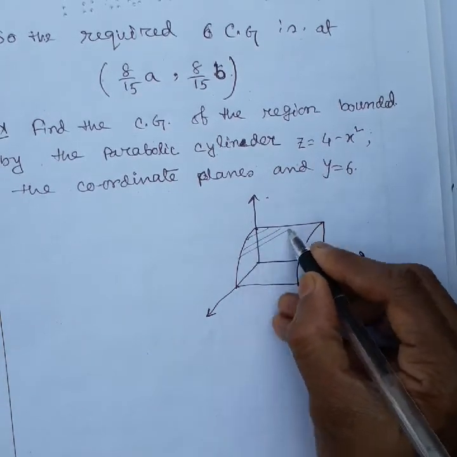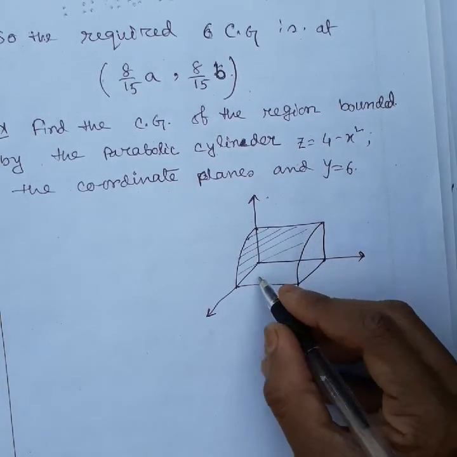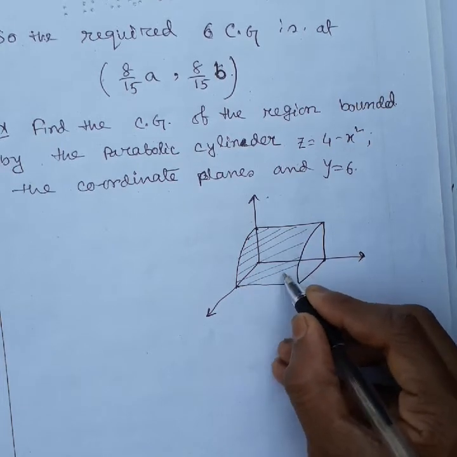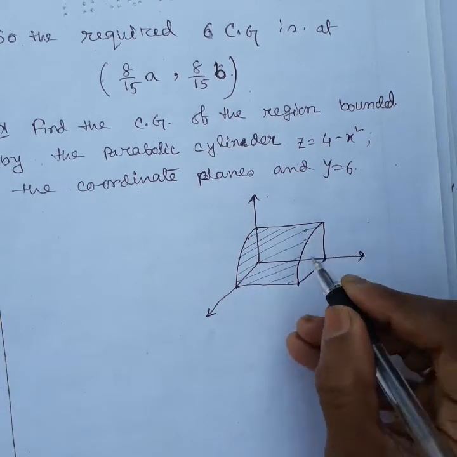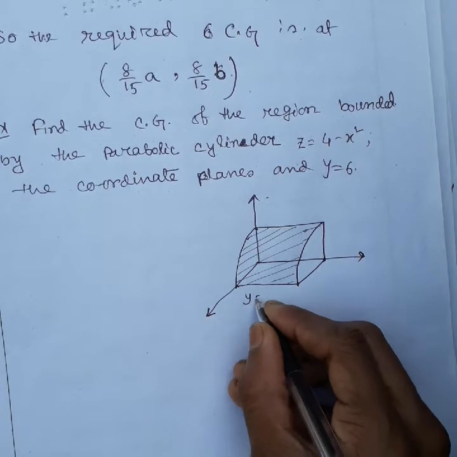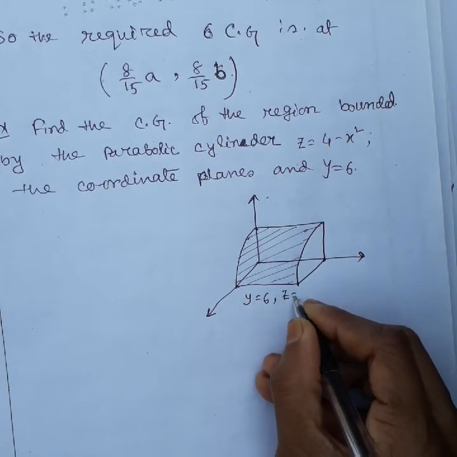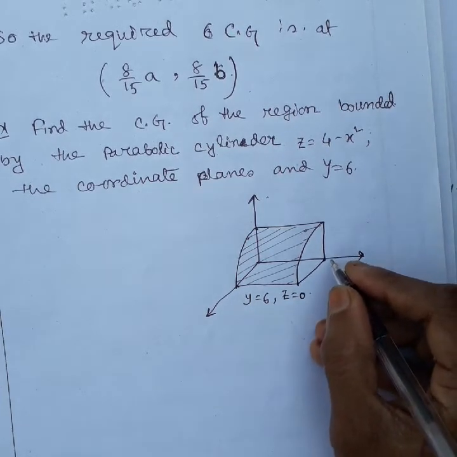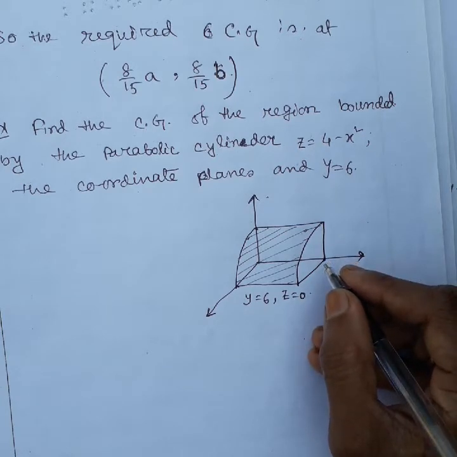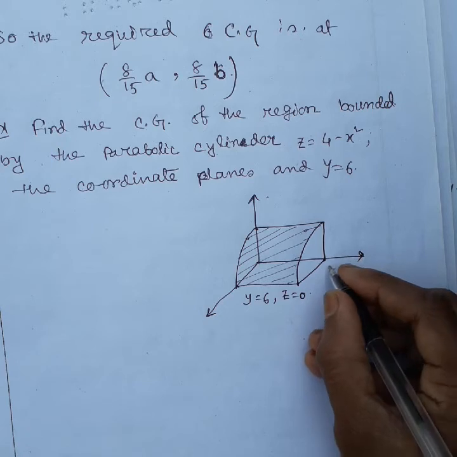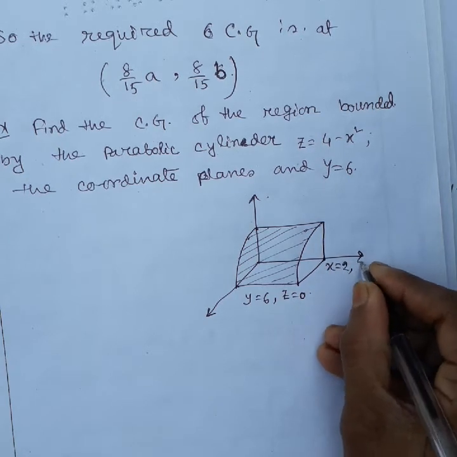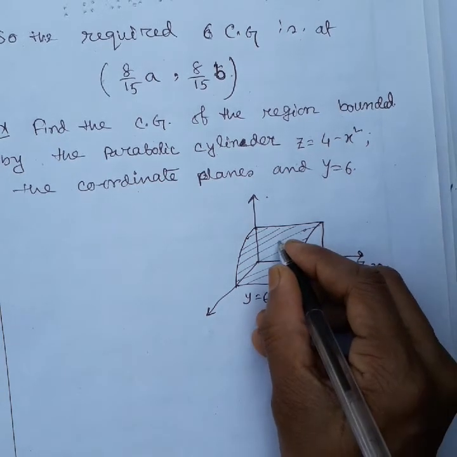Okay, this is our bounded region. This is y is equals to 6 and z is equals to 0. And this is x equals to 2, z is equals to 0.